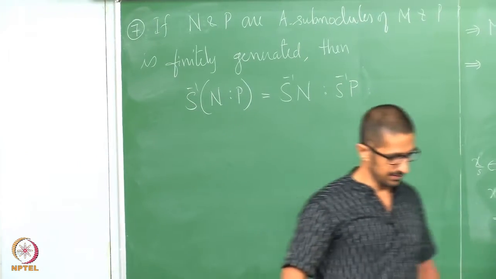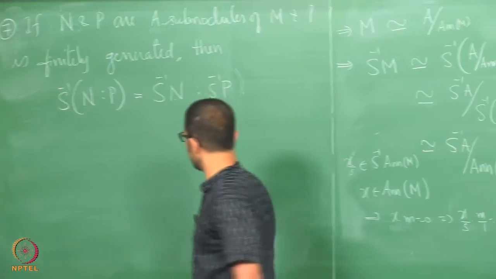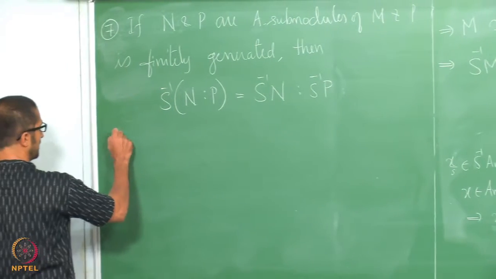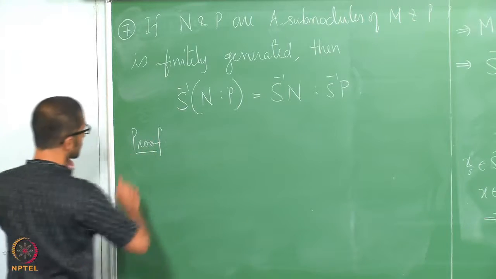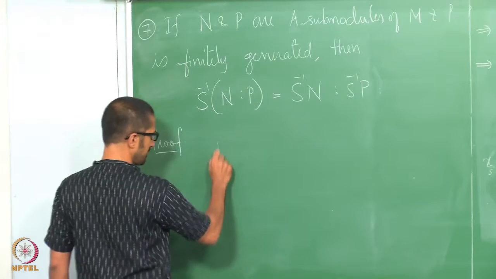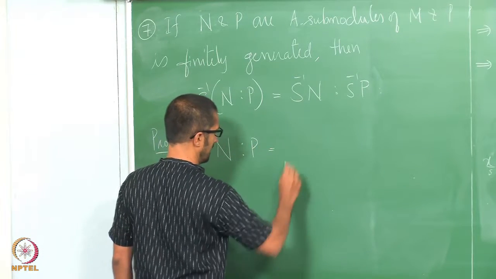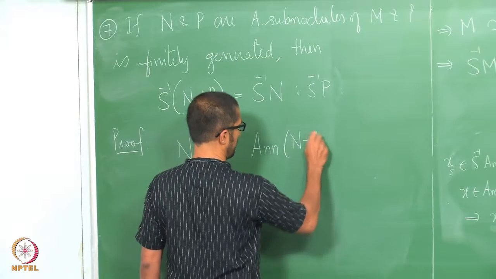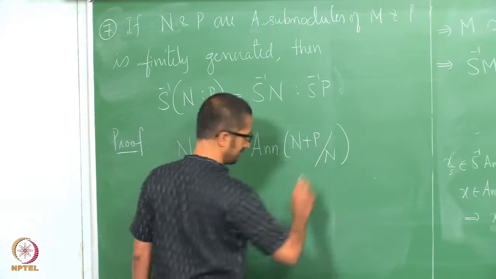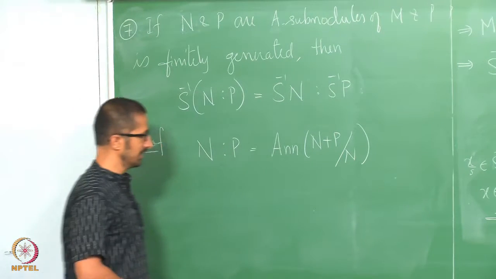So, here also the proof is as follows. Let me make another observation which I do not remember whether I stated. N colon P is the same as the annihilator of (n plus p) mod n, or (p plus n) mod n.